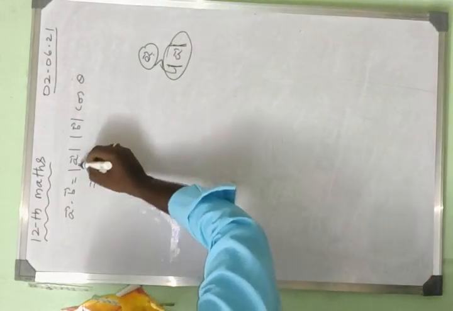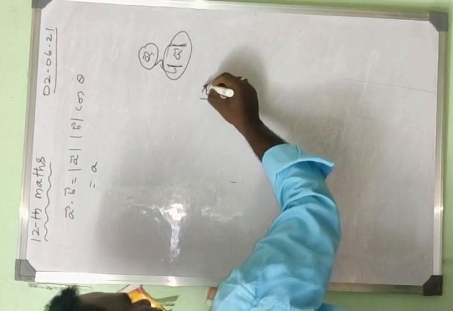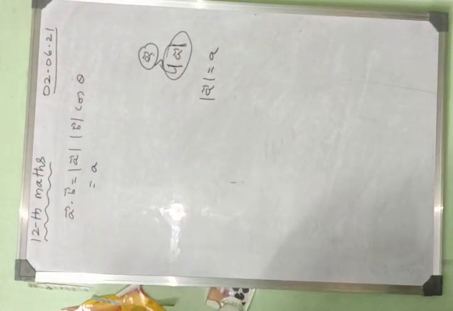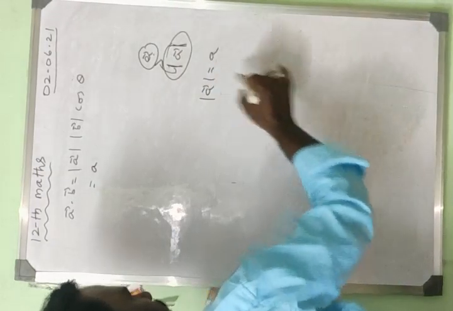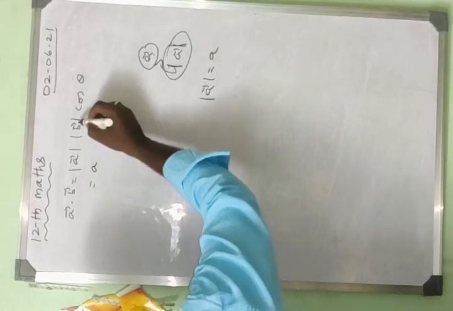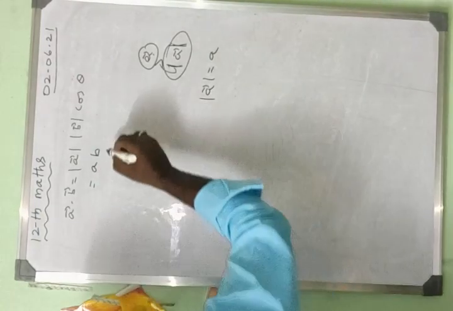So mod vector A, we can write as A, the same meaning. This is scalar only. Likewise, mod vector B we can write only as B, cos theta, like this.